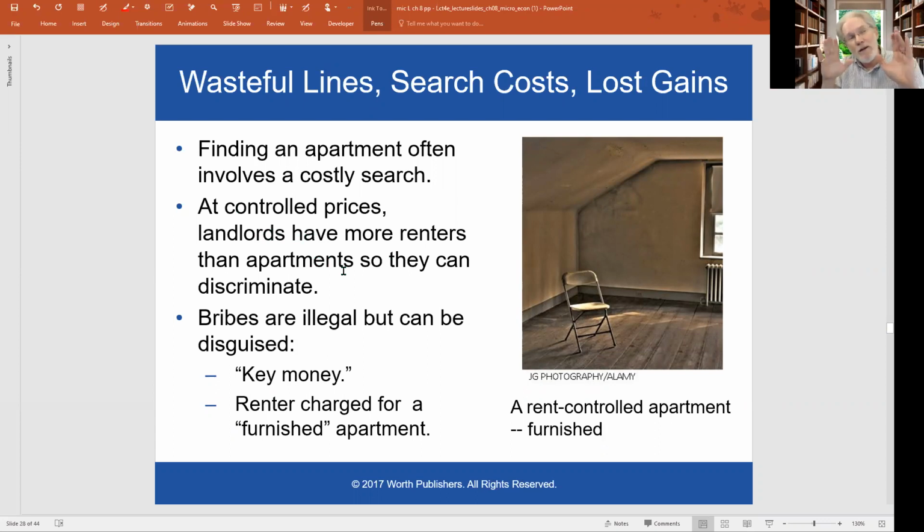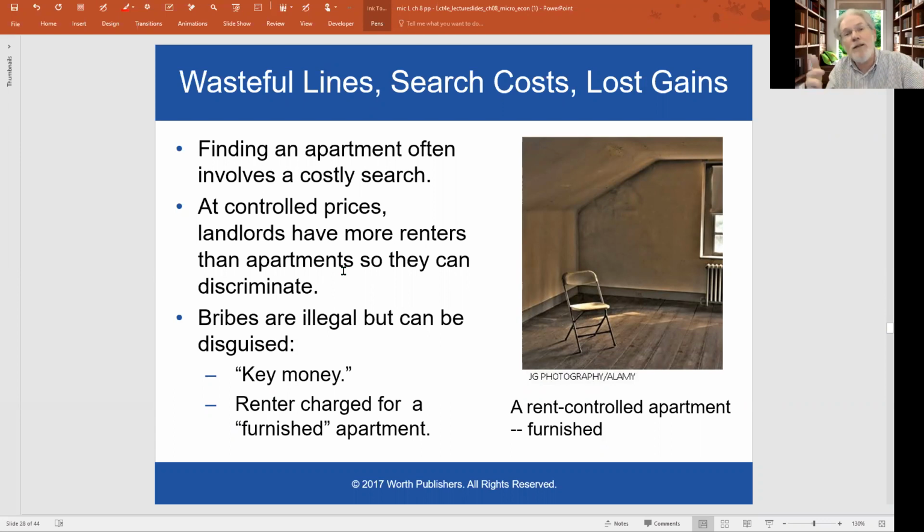If the rent is not controlled, then at the equilibrium price, the landlord has an incentive to be responsive when consumers come and want to live in his apartment. Generally, if we're in equilibrium, there are going to be some apartments that aren't filled at any given point in time.